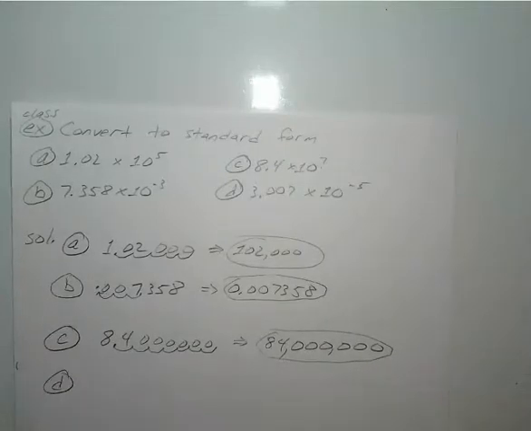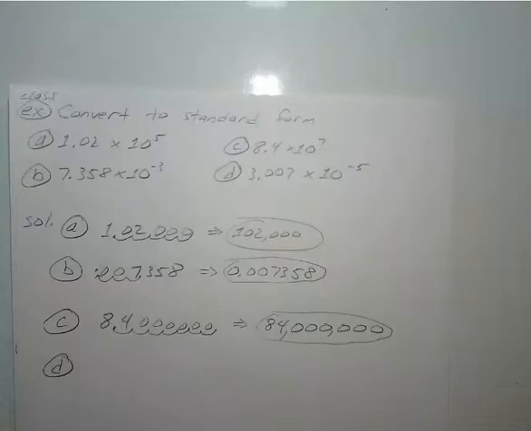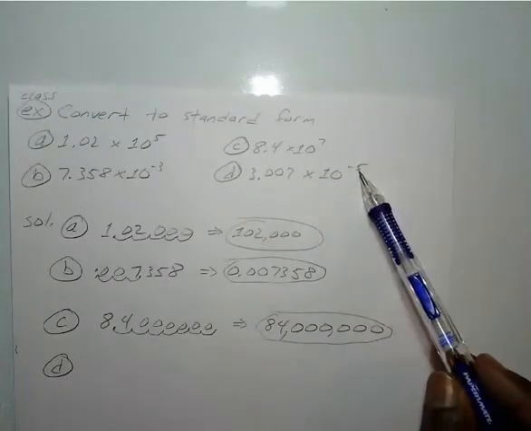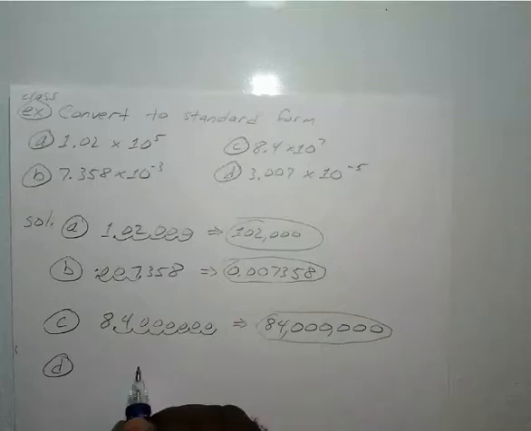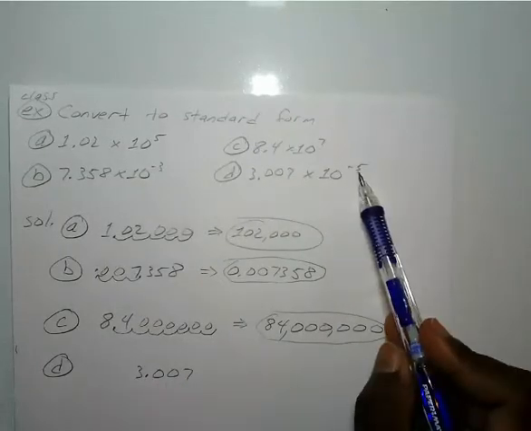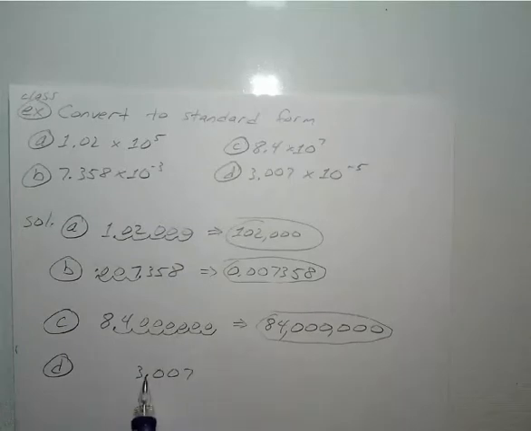And for problem D, we have 3.007 times 10 to the negative 5. So 3.007. That exponent is negative, so we move it 5 places to the left. 1, 2, 3, 4, 5. We have our decimal here.